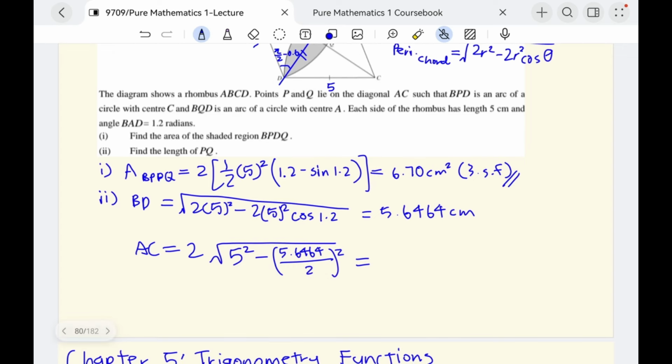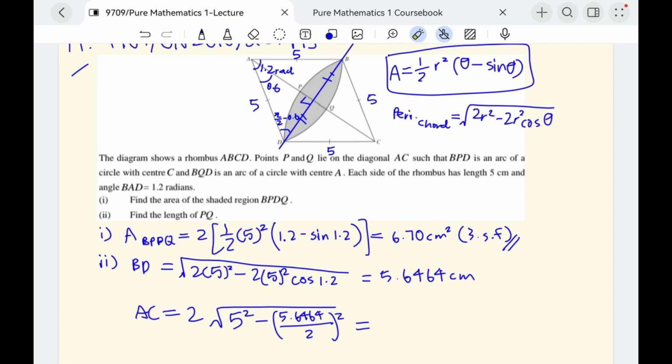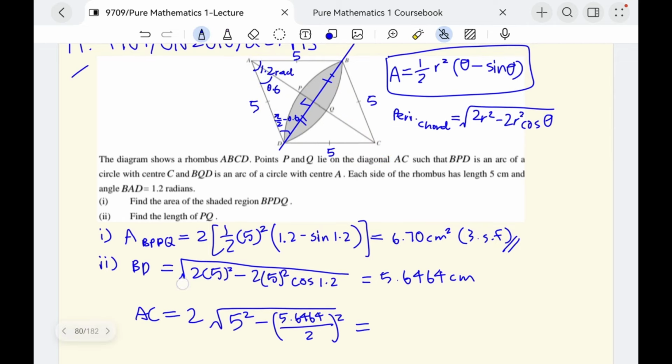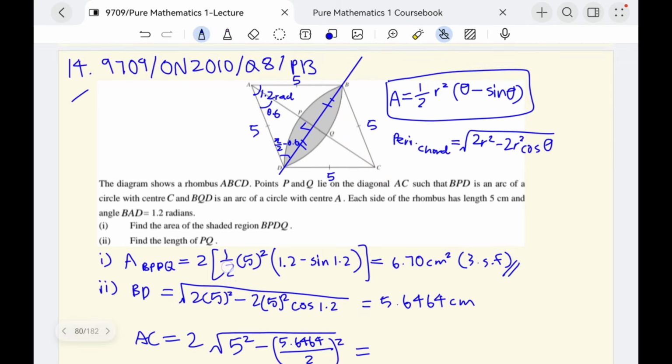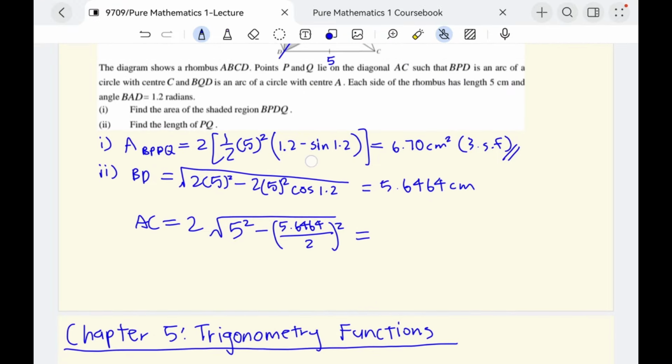With Pythagoras, I take 5 squared minus the length of this squared, then square root it to get this length, and then double it to get the length of AC. Of course, for a rhombus, the two diagonals are not equal in length.